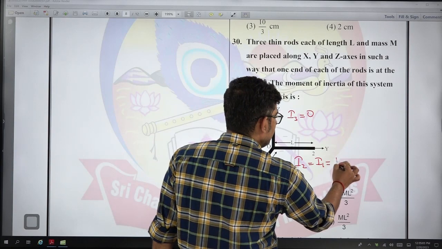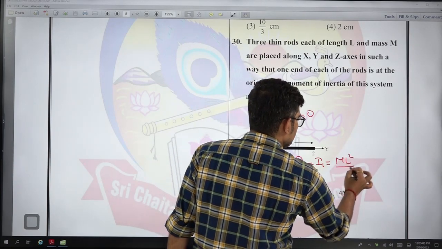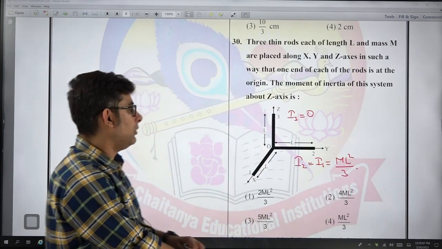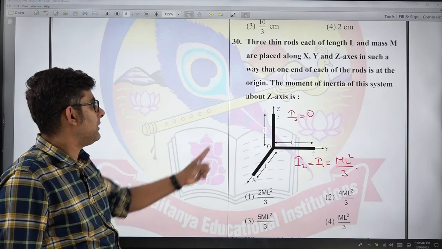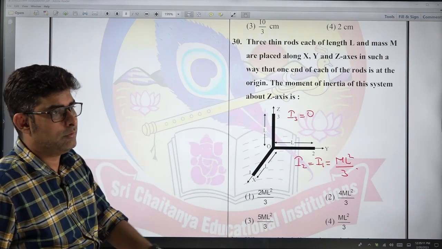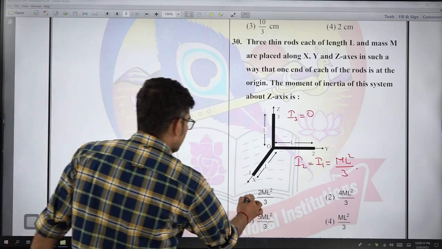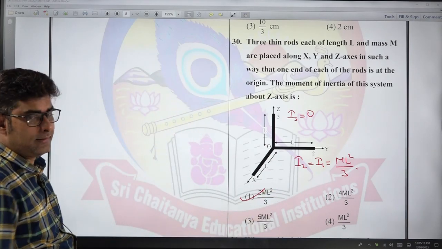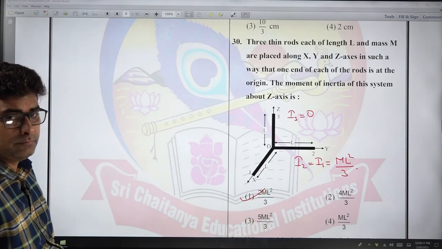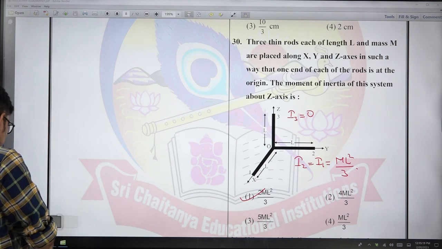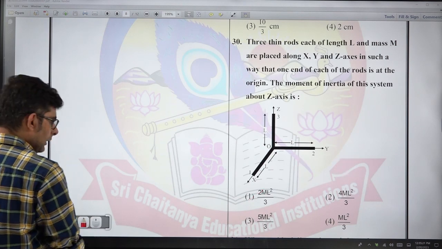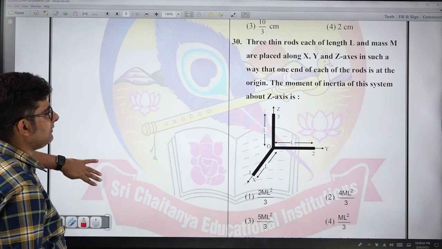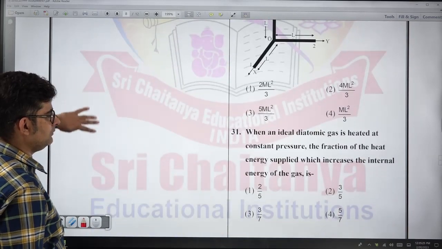End axis moment of inertia is ml square by 3. So ml square by 3 plus ml square by 3 plus 0, that will be the answer. So what is the answer? 2 ml square by 3 about z axis. Clear? So 2 rods end axis, 1 zero.